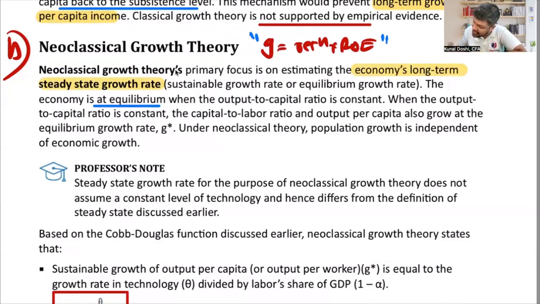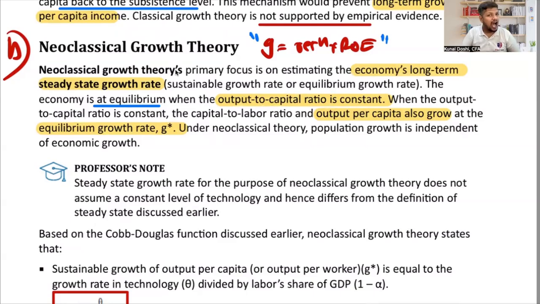The economy is at equilibrium when the output to capital ratio is constant, meaning that by putting in more capital the output won't grow, or the growth in the output will not be high just because of adding more capital. Now they are saying that when this is constant, the capital to labor ratio and the output per capita also grow at the equilibrium growth rate.